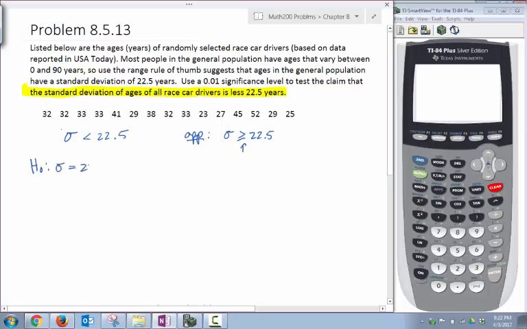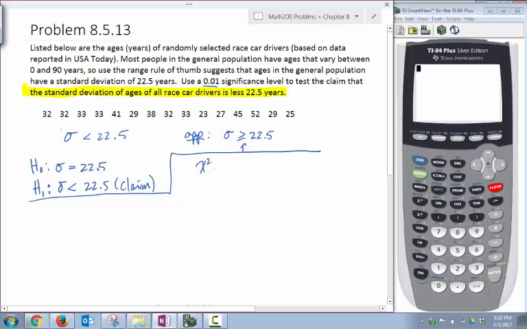With our null hypothesis, we can use the equal sign, which means our alternative hypothesis is the original claim. So now that we know this, we can continue on. We have a significance level of 0.01. We're going to use a chi-square distribution.